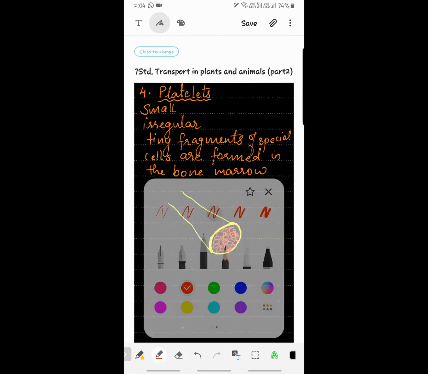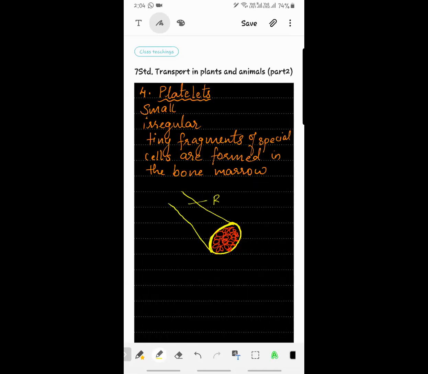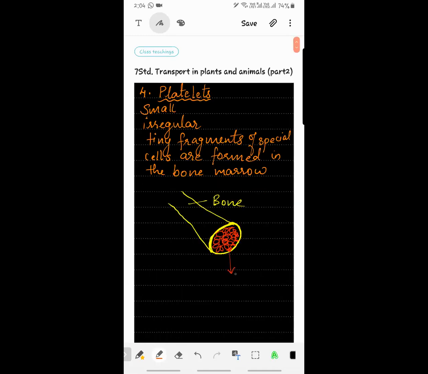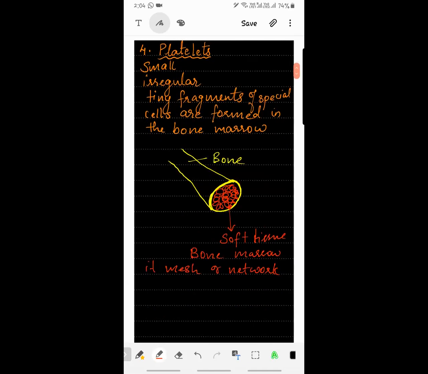So this is bone and this is soft tissue, which is bone marrow. It means a mesh or network-like structure.